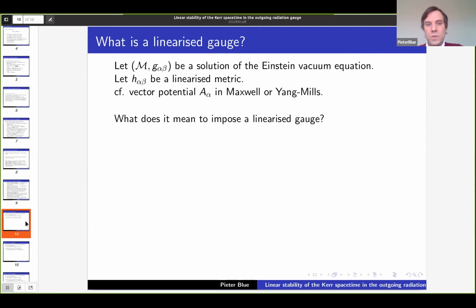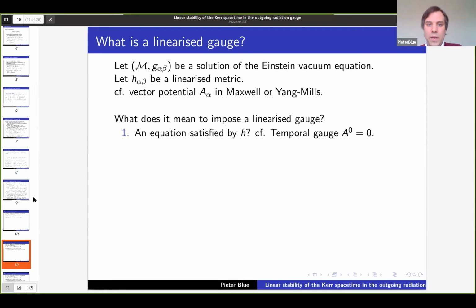So we could ask, what does it mean to impose a linear gauge? And one answer you might give is that it is an equation satisfied by the linearized metric H. So in analogy with the Maxwell equation, the temporal gauge is that the zeroth component is equal to 0.